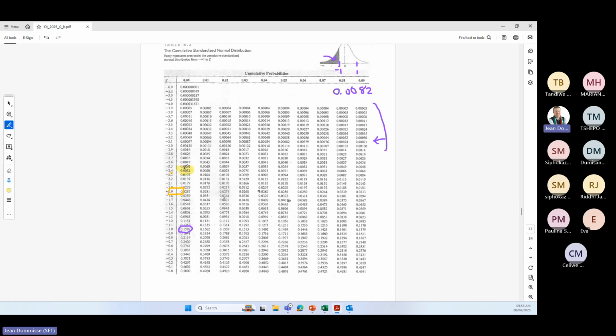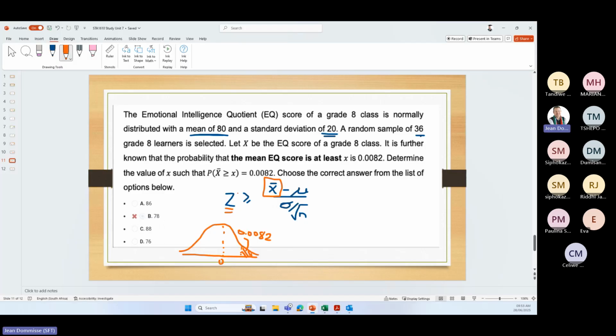There was the 0,0082, which is equal to 2.4. So 0,0082 is equal to 2.4. So we know that Z is equal to 2.4 because it is, remember, on the positive side.